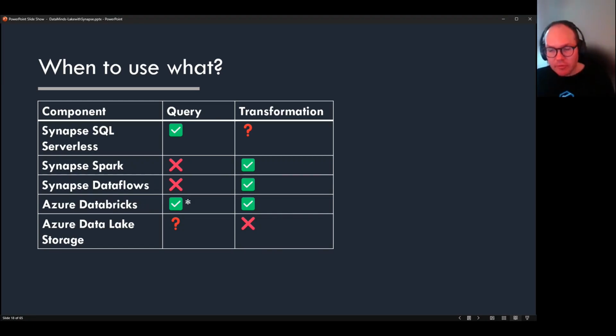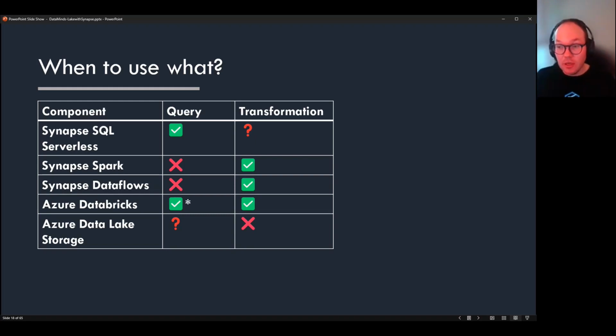And then finally, we've got Azure Data Lake Storage. What's it doing? Well, it's storing data, and I think this is really interesting because previously we're used to this idea that the storage technology is the query technology, one and the same. I store data in SQL Server, but I also query and transform data in SQL Server.